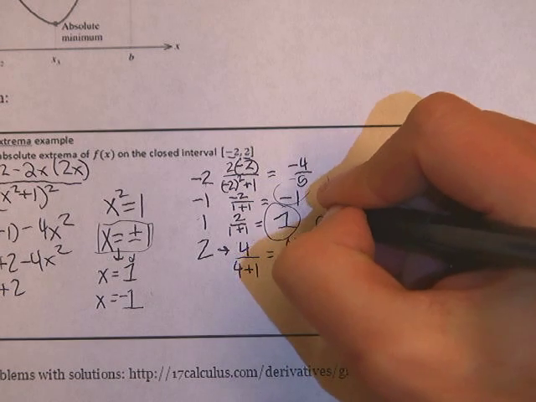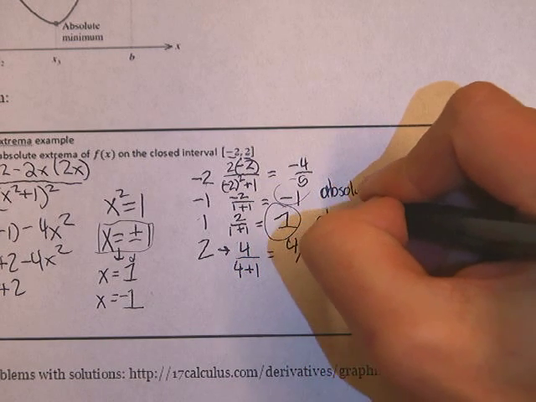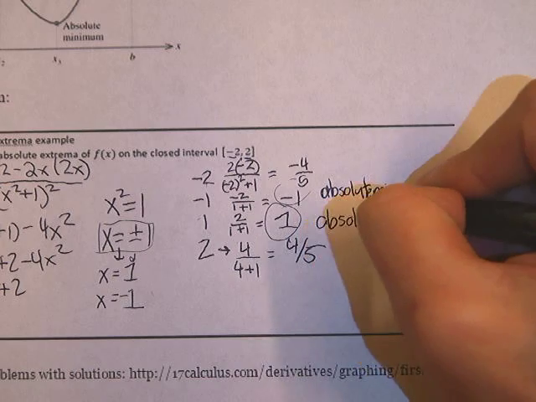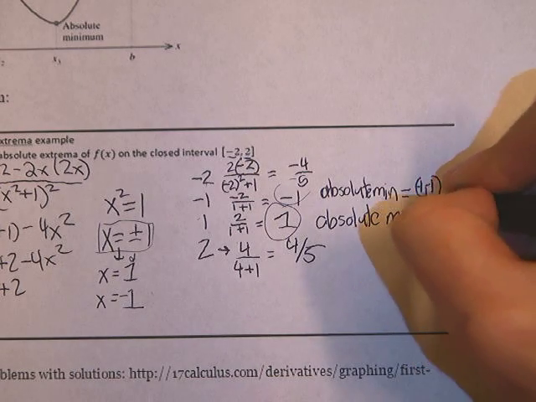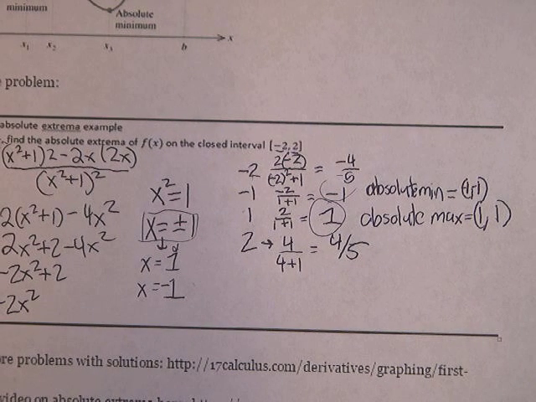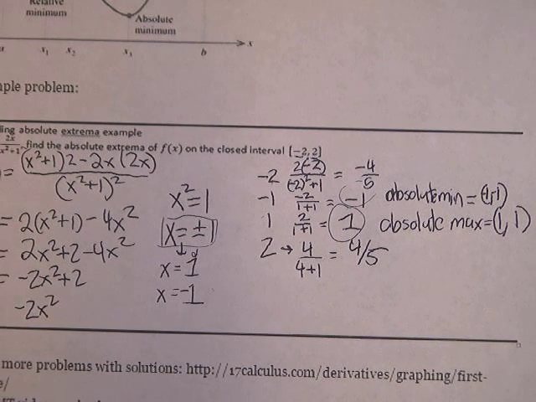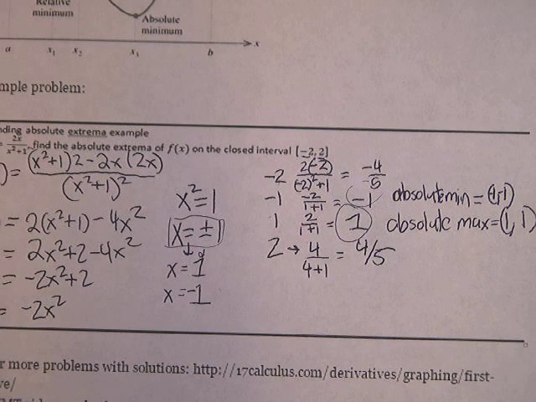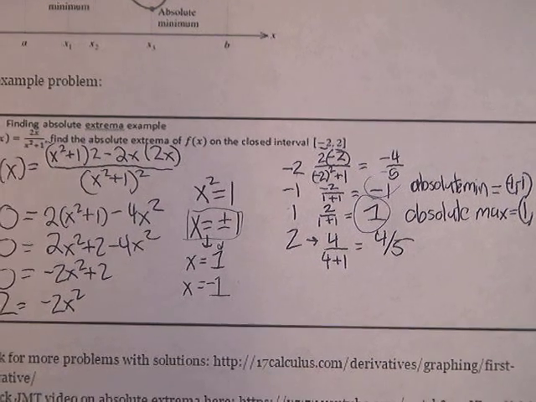And our absolute max is at 1, 1. Those are some nice answers. So all we did was look for the absolute highest and absolute lowest value of this function on the interval. And this is something we can evaluate without the use of a calculator or a graph using calculus. And that's it for this section.